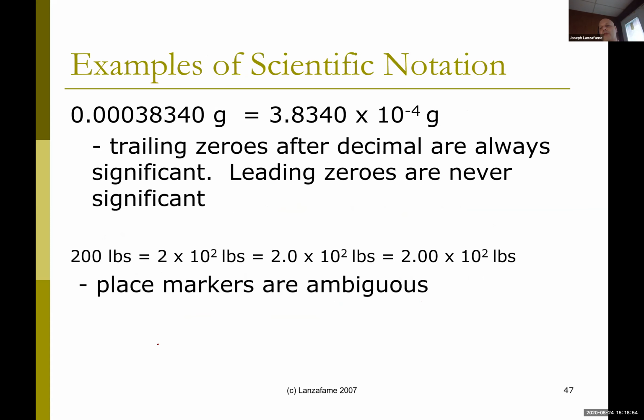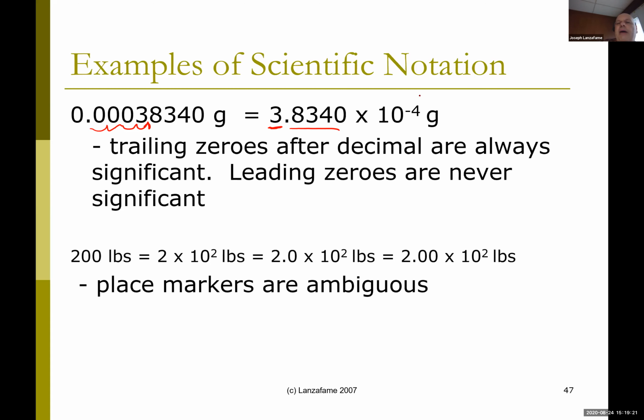I can do the same with decimals. In this case, I'm now moving the decimal point to the right instead of the left. But again, I move the decimal point to right after the first non-zero number, which in this case is a 3. The format is exactly the same. It's one and only one digit before the decimal point and the rest of the significant digits after the decimal point.